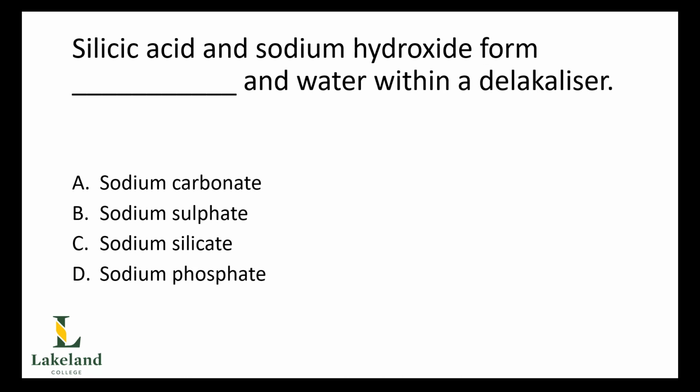Next one. Silicic acid and sodium hydroxide form something and water within a dealkaliser. Well, this is a straightforward question from our three chemical equations, which of course is only straightforward if you can memorize those three equations. The one with silicic acid in it is going to form sodium silicate, and that's the one that causes that very hard tenacious scale that causes deposits in our boiler.